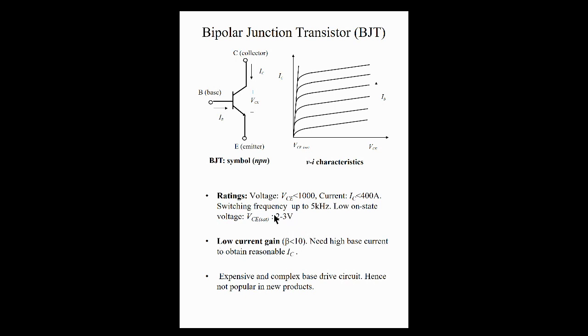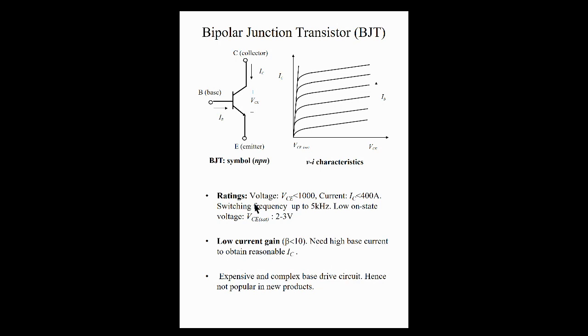All right, so here, this type has a low current gain, typically less than 10. So based on that, you will need a high base current to obtain a reasonable amount of collector current. And very important to note with this device, it can be expensive and complex base drive circuits are normally required.